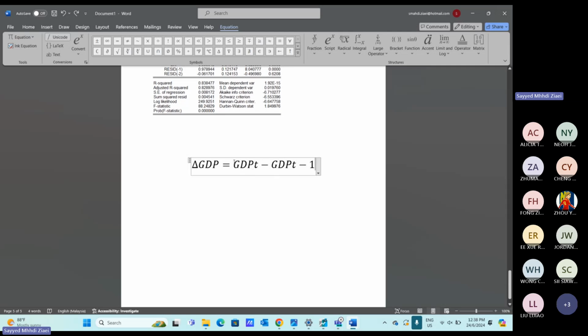So I'm going to define the third function: delta GDP equals delta PC plus delta IN.